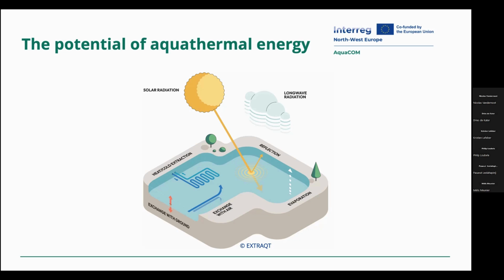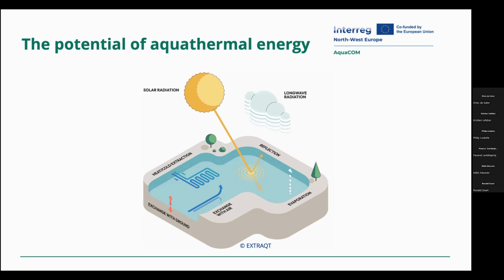We, as an engineering company, Extract, are specialized in developing digital twins in order to evaluate the thermal potential. So we know on every location what input and output fluxes you can expect. We can calculate the reference temperature, or the temperature which you will have today in the water bodies. But we can also then enter an aquathermal energy system on that water body and evaluate what the impact of that is.